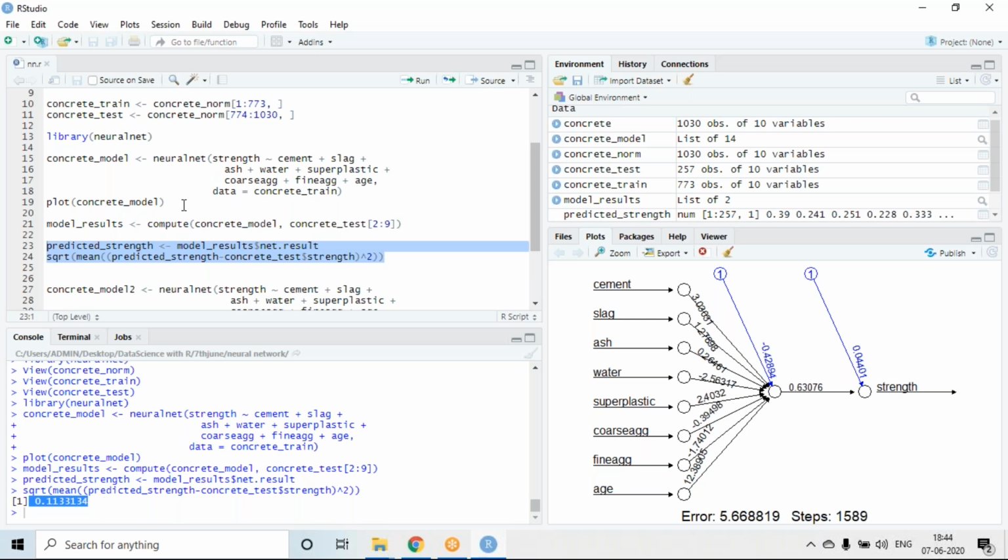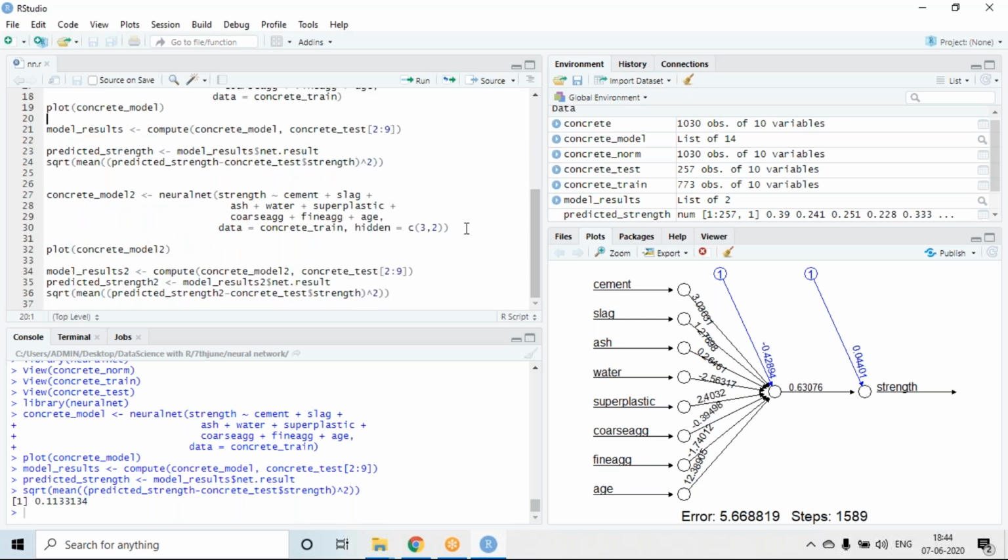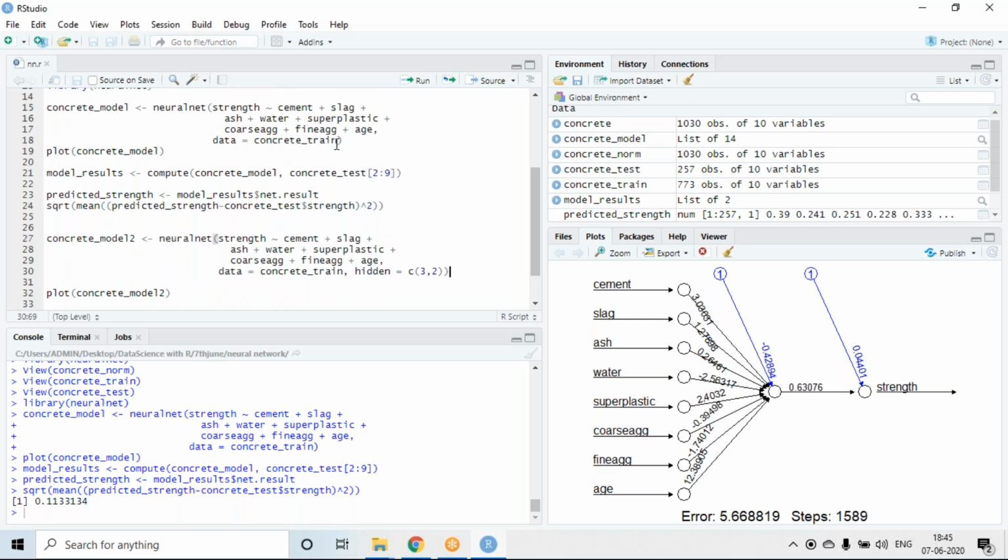So can you scroll down? So in the next one, you see the only thing that changed is hidden equal to 3,2. That hidden equal to 3,2 was not written before. So because it was not written before, that particular part was default 1.